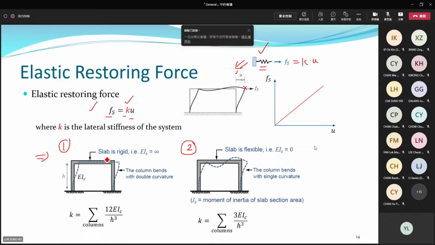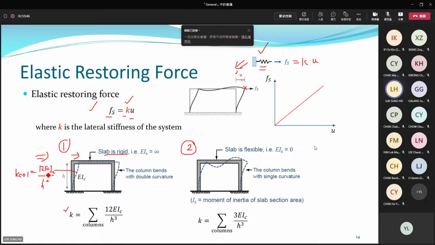Scenario 1: if the slab or the beam is rigid in bending, if you consider a rigid beam, rigid slab, then when the columns displace horizontally, based on static analysis, the stiffness provided by each column, I call it K column, is equal to 12 EIC over H cube. E is the elastic modulus, I is the moment of inertia of the column.